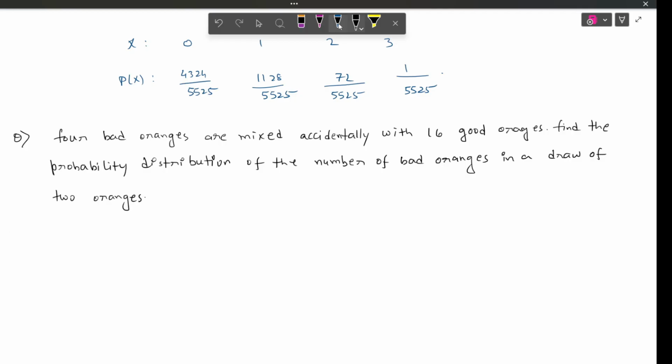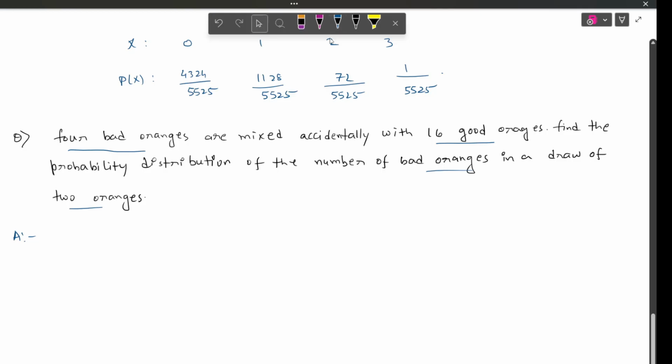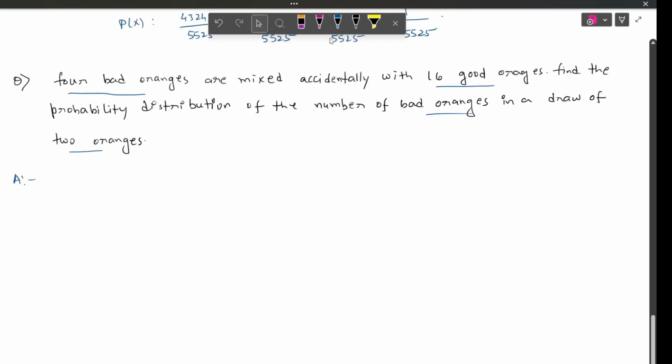Okay, so let's see the solution. It is a similar question to the one we have discussed above. 4 bad oranges are mixed accidentally with 16 good oranges. Find the probability distribution of the number of bad oranges in a draw of 2 oranges. So you are taking 2 oranges. So X can take values 0 bad oranges, 1 bad orange and 2 bad oranges.